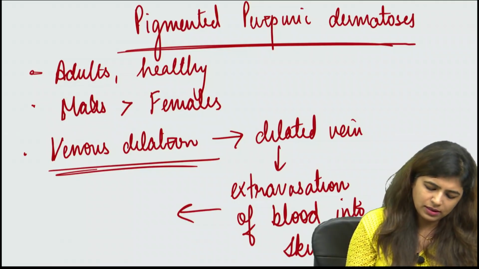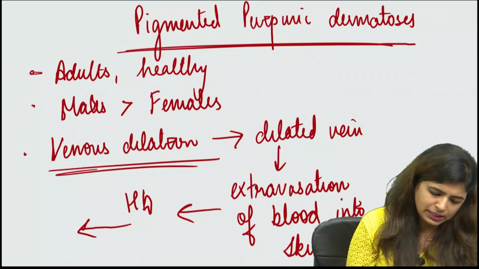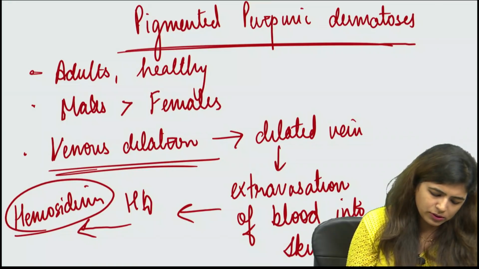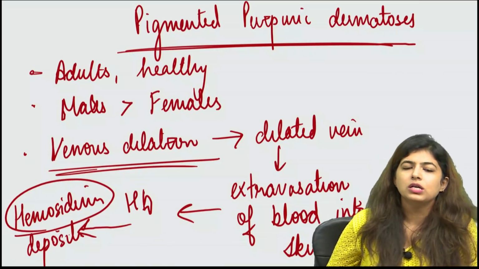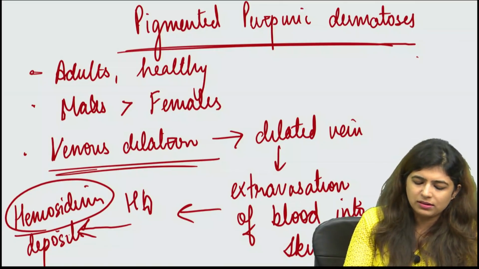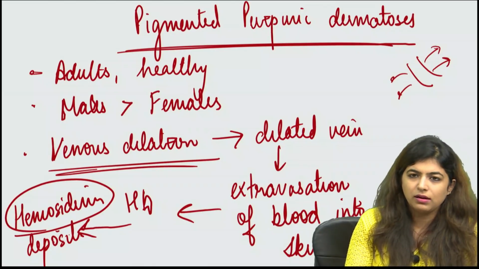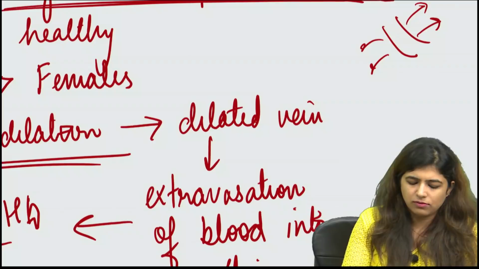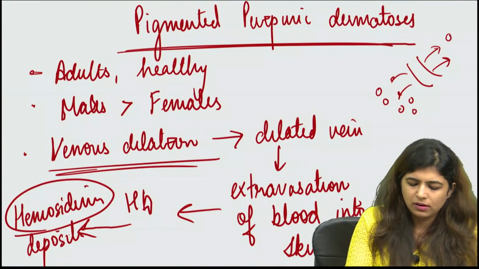Now this blood has hemoglobin which is metabolized and sometimes reabsorbed, but other times it can get deposited in the skin as hemosiderin. So what is happening is that you have veins which are dilated, the RBCs move out into the skin. The RBCs, when they move out, they release their hemoglobin.